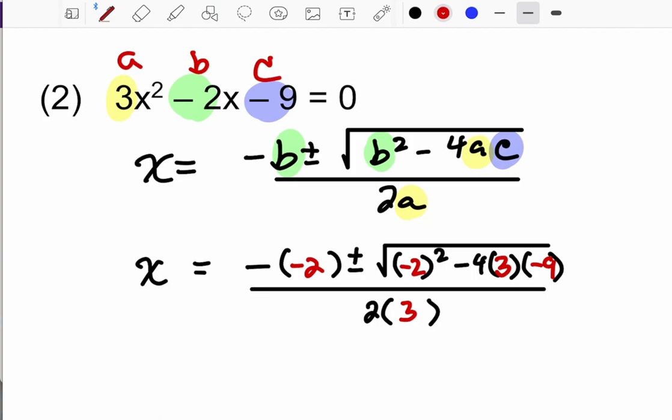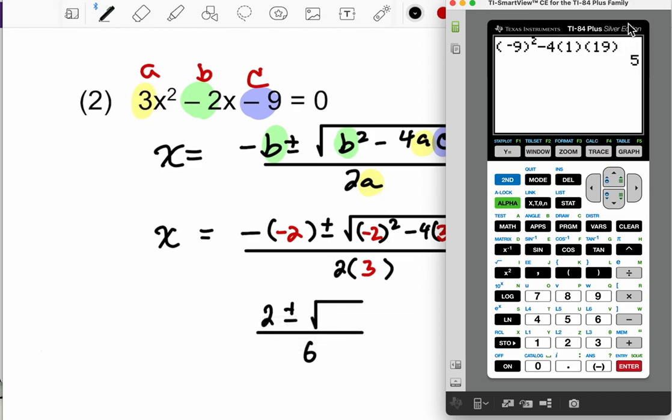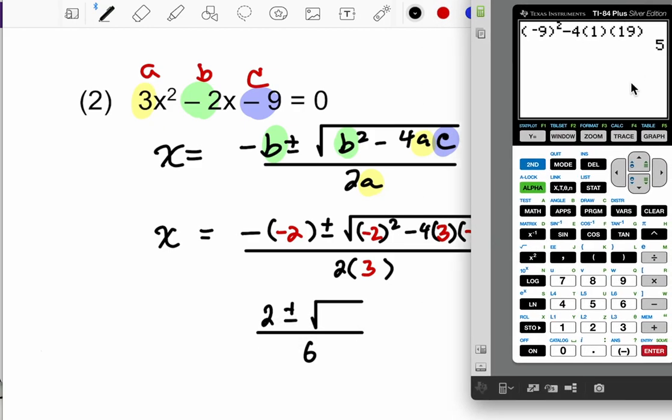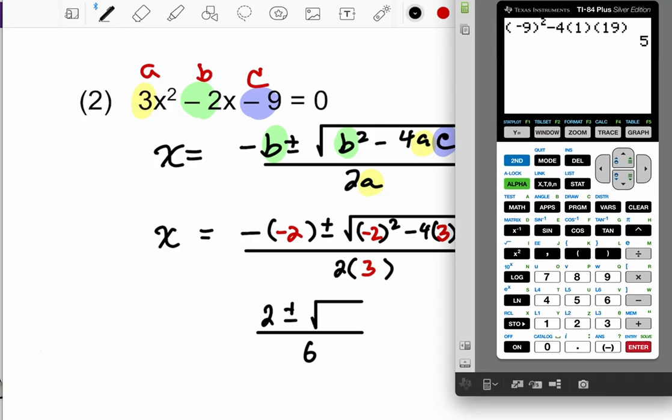All right, parts of it are very easy. The part that's not, you chuck right into the calculator. As long as you have those parentheses there, you're going to be in good shape.